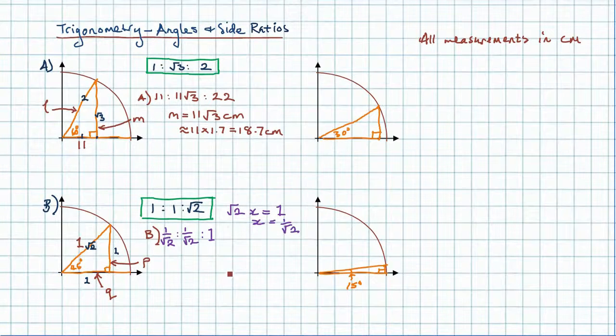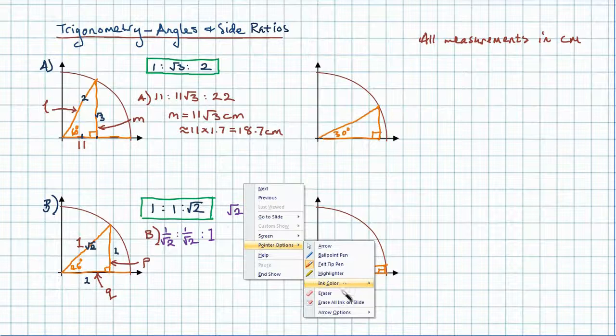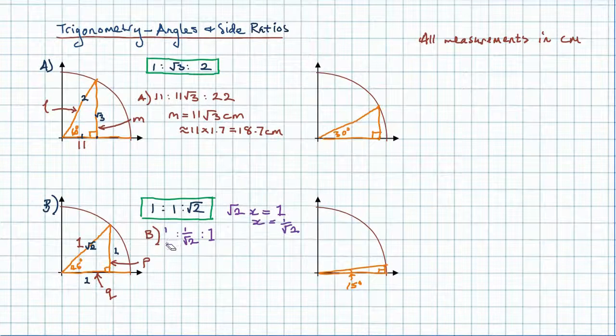But our problem is solved by saying, well, what's happened here? To get to this 1 here, it's been multiplied by 1 over root 2, so we end up with 1, which is root 2 over root 2, and then we've got 1 over root 2 for P or Q, and 1 over root 2 for Q or P, I suppose you could say.